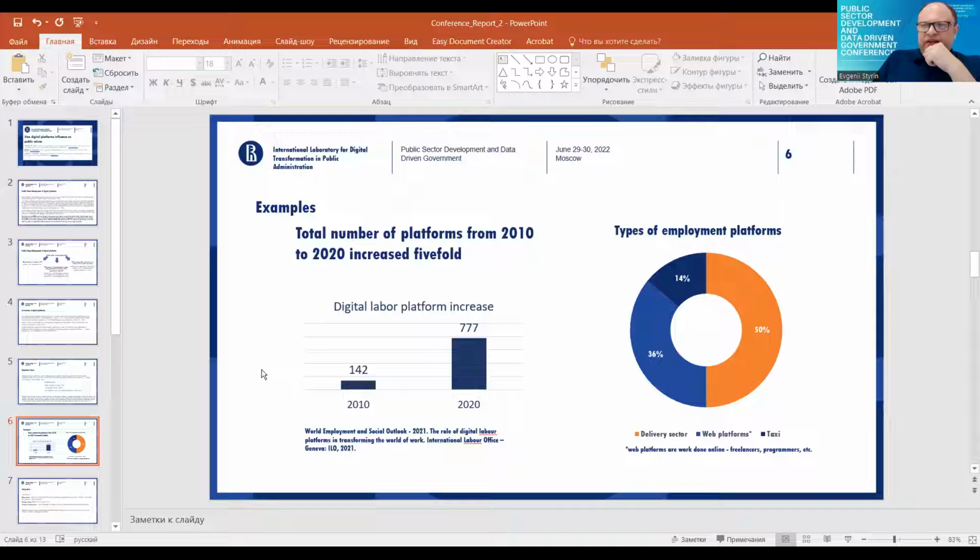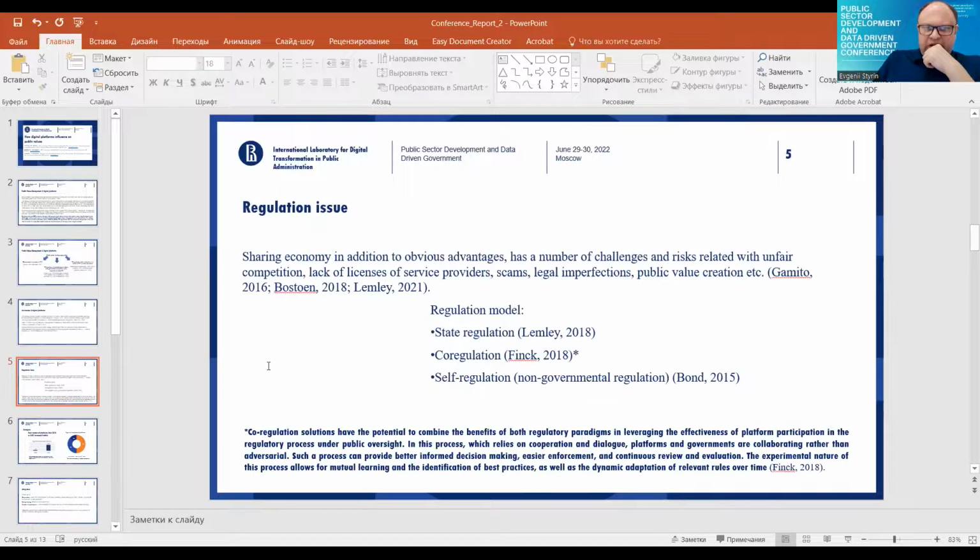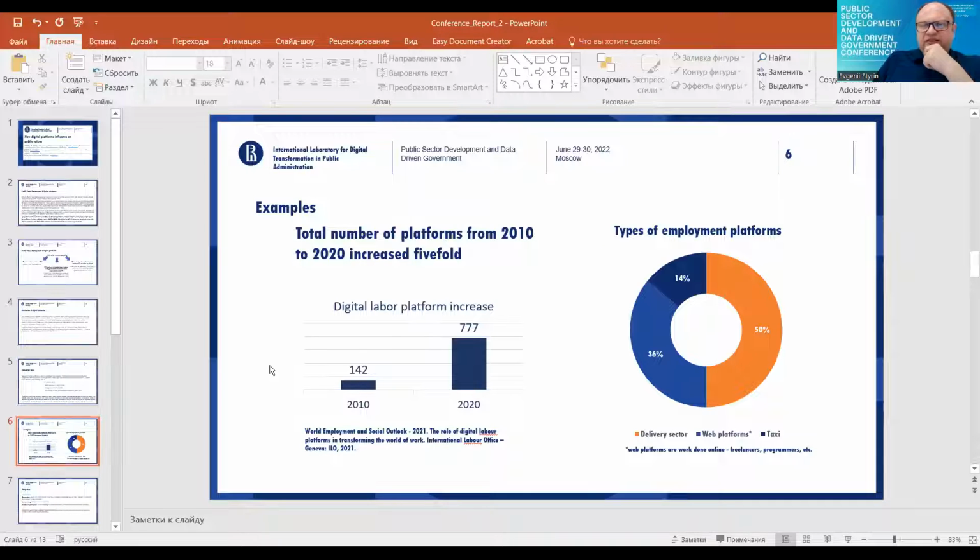Here, in our research, we studied mostly employment platforms. These are international platforms which provide part-time or full-time jobs and help those who provide jobs find those who want to implement them.